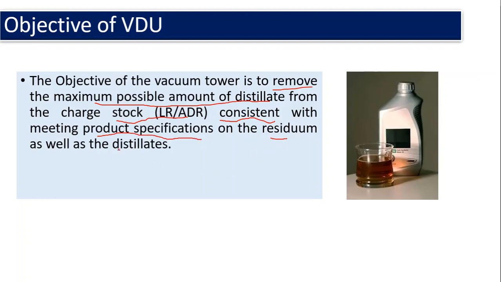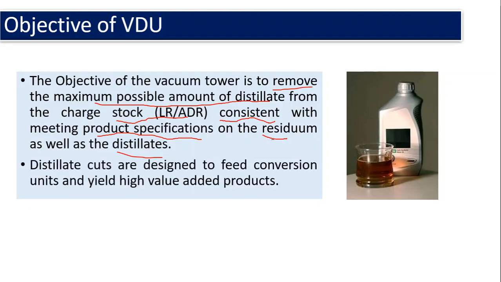So product means distillates and the bottom residue, both specifications have to be maintained with the maximum possible amount of distillate. This is the basic objective of the vacuum distillation unit.